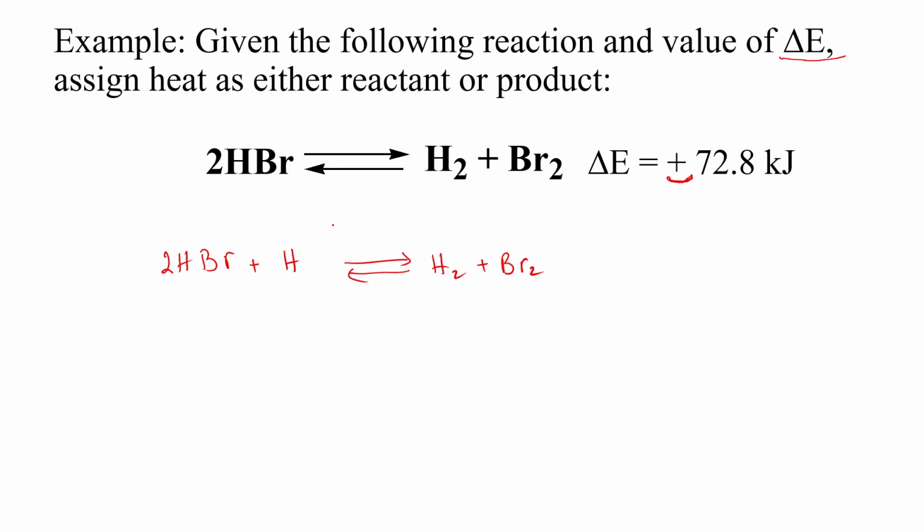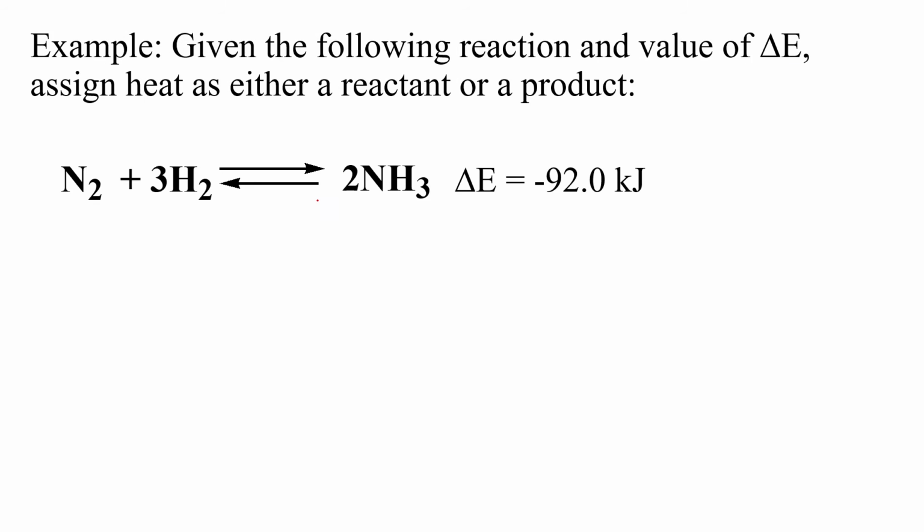So this will be the assignment of the heat for this reaction: this is an endothermic reaction and heat is a reactant. For this one, given the following reaction and the value of delta E, assign the heat as either reactant or product. This time the sign for the energy is negative, meaning this energy is being released in the reaction. So if it is being released, this is the product of the reaction.